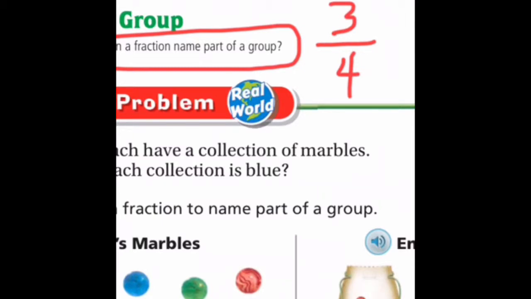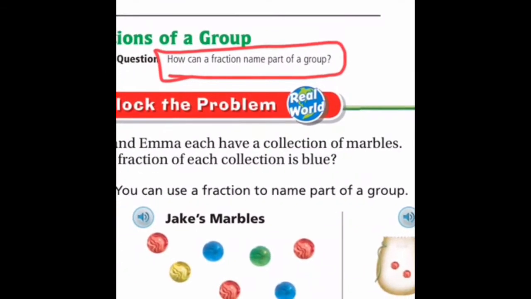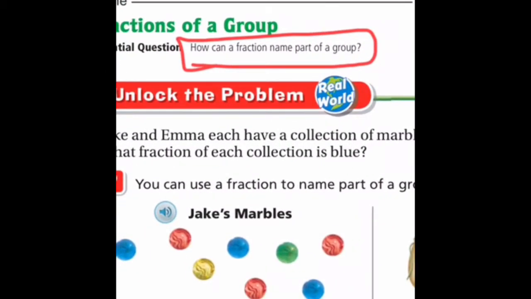It actually names, like what we've worked with in the past, how many parts were shaded, so that it would name the part of the group. 3 out of 4 were shaded. Now today we're not necessarily looking at shaded parts, but we will be looking at fractions doing something similar.